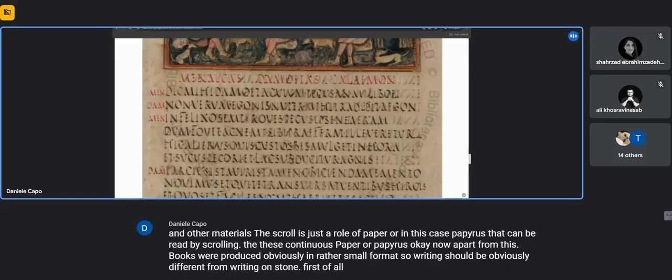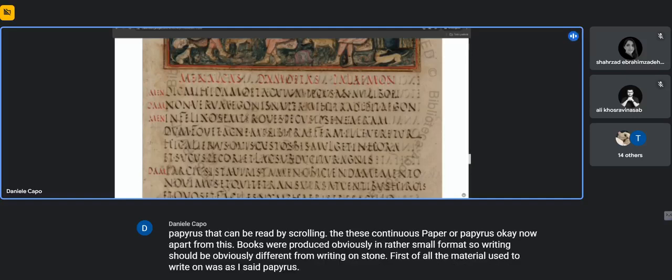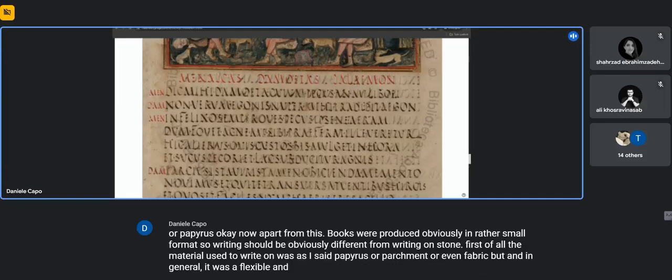First of all, the material used to write on was, as I said, papyrus or parchment or even fabric, but in general, it was a flexible and not very durable material.